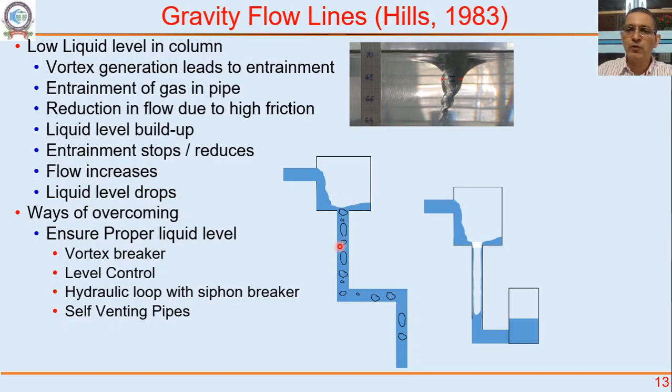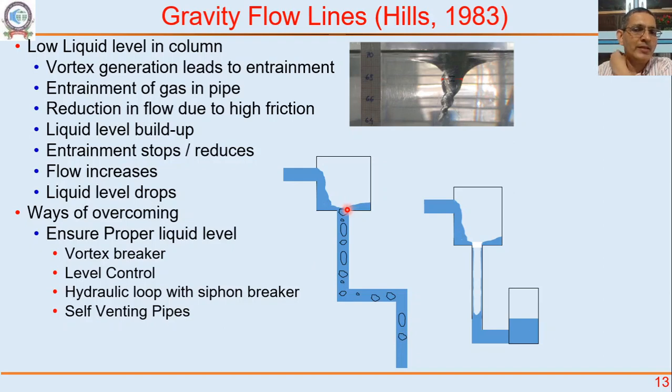So when bubbles go through this pipeline, pressure drop is more, and if it is a gravity driven line, then liquid will accumulate, maybe to a higher level so that the pressure drop can be met, so that it can force that liquid through this two-phase flow.